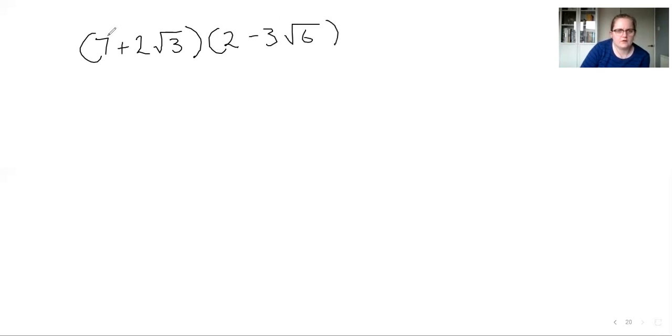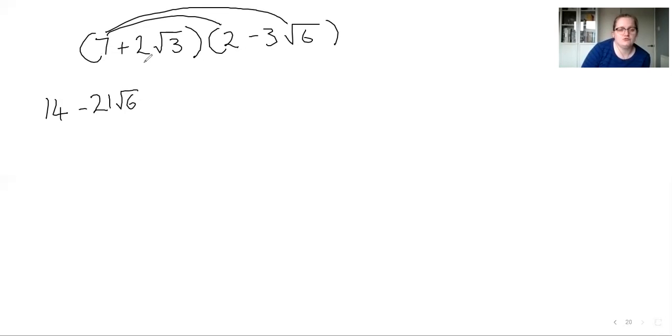So we've got 7 plus 2 root 3 with 2 minus 3 root 6. 7 multiplied by 2, we've got 14. 7 multiplied by root 6, 7 multiplied by negative 3 root 6. So here we're going to multiply our 7 by our 3. So we're going to get 21. So we're going to get negative 21 root 6.